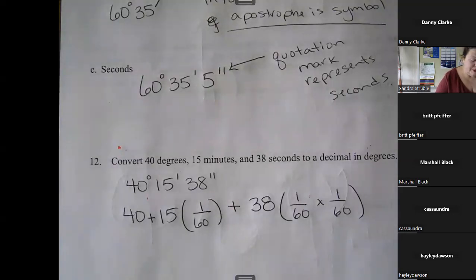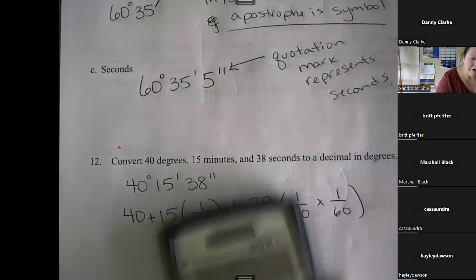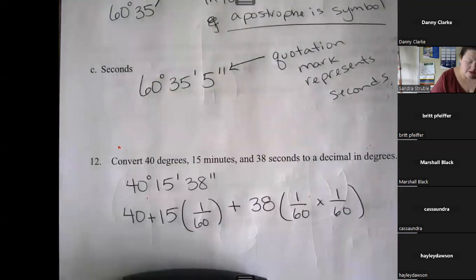If you do this, you're going to get an answer. Let's see what we get here. 38, I'm just going to divide that by 3,600. So that's 3,600 on the bottom. Or you could do 38 times 1/60 times 1/60, totally your call. I do not clear my calculator as I'm doing this.